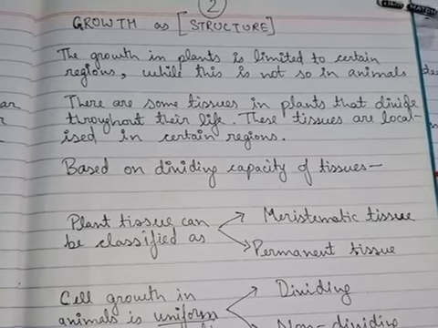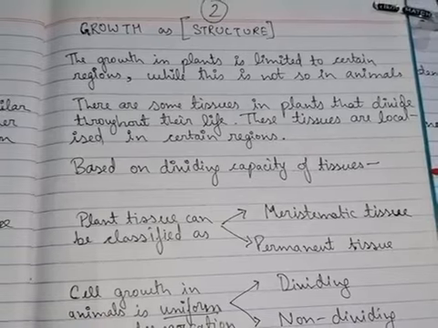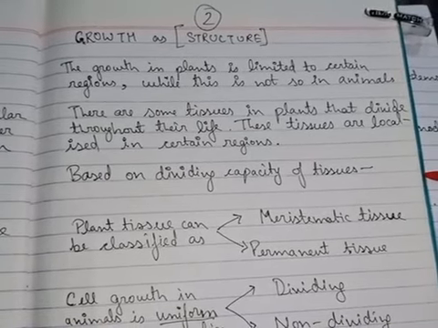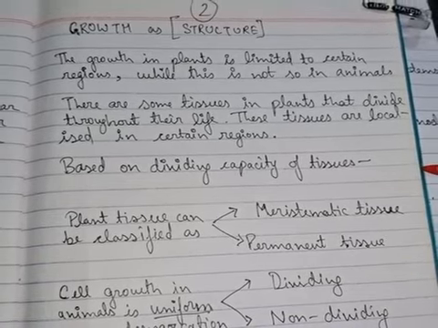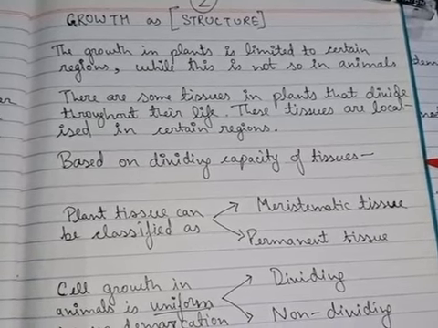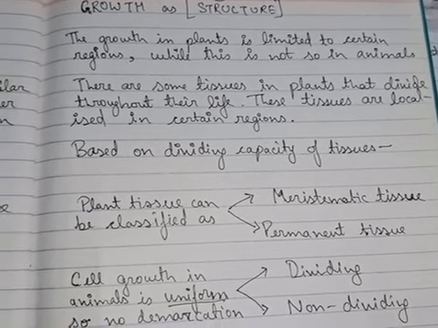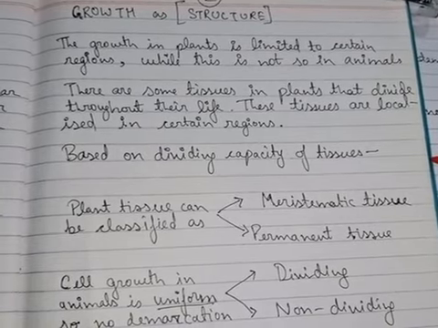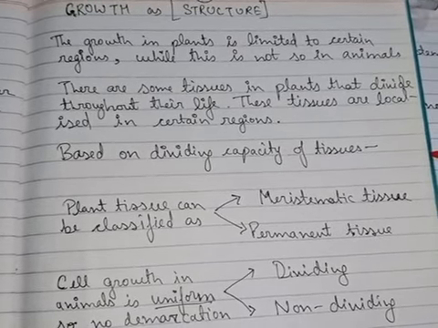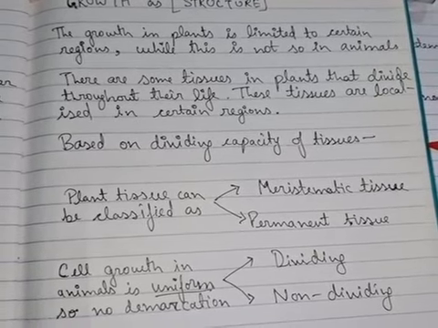While in animals, tissues always grow and divide. Some tissues in plants also divide throughout their life, but not every tissue. These tissues are localized in certain regions, present at specific places in plants.